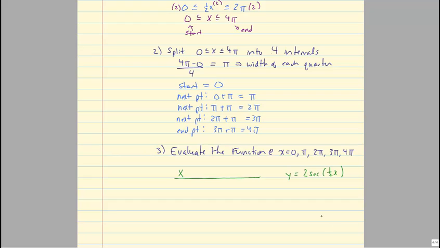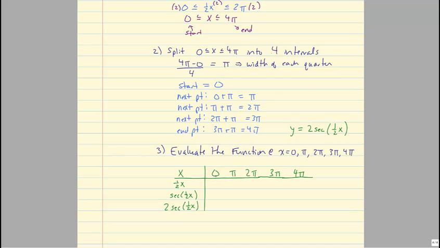So I'm going to have 1/2 x, then I'll have secant of 1/2 x, and then I'll have 2 secant of 1/2 x. And again, I'm going to be using these points of 0, pi, 2 pi, 3 pi, and 4 pi. Again, my graph was y equal 2 secant 1/2 x.